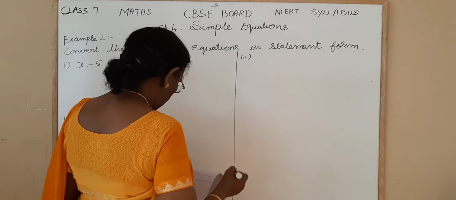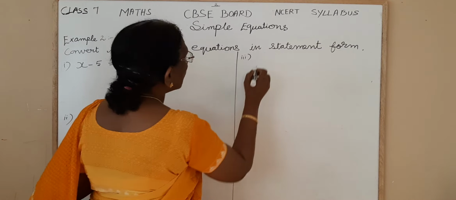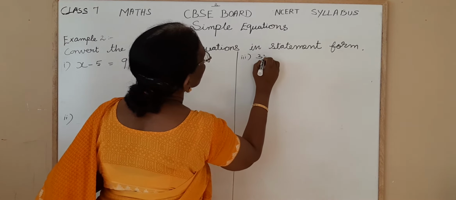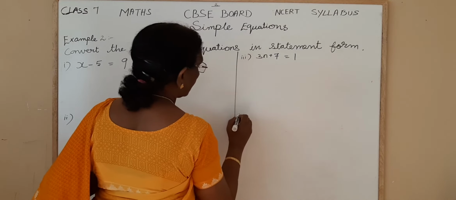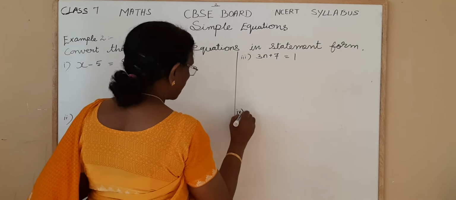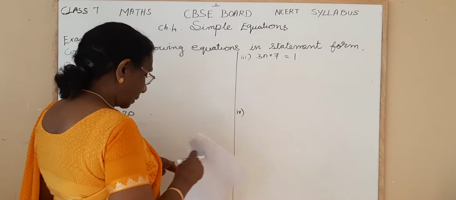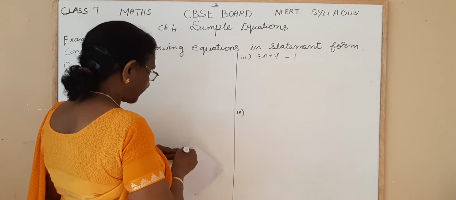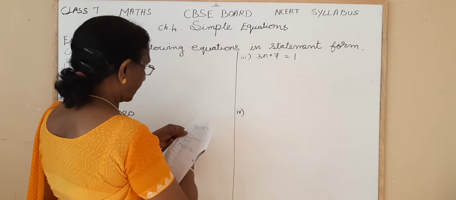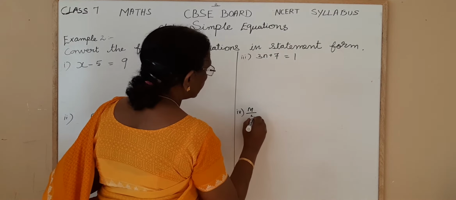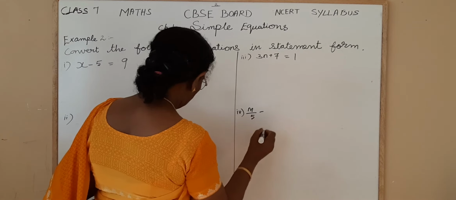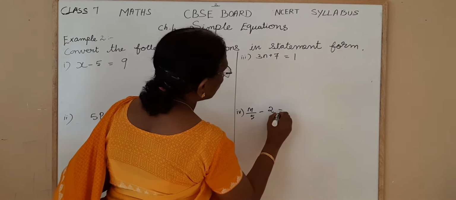The third question is 3n plus 7 equals 1. And the fourth question is m by 5 minus 2 is 6.